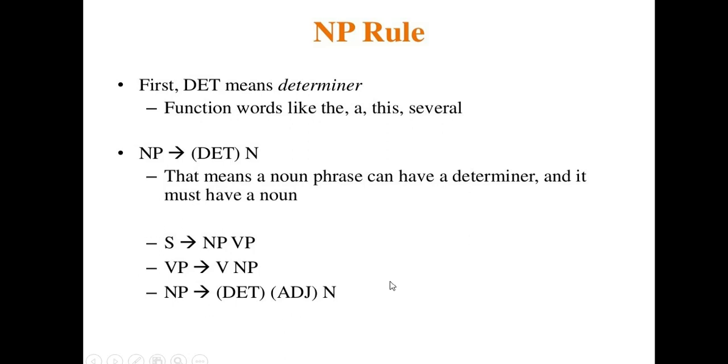So here we have this group of letters, okay? This S stands for sentence. A sentence is composed of a noun phrase plus a verb phrase. We're going to see that later too. And a verb phrase is composed of a verb and a noun phrase. And a noun phrase is composed of an optional determiner, an optional adjective, plus a noun. It is obligatory, it is mandatory, it must have a noun. If it is a noun phrase, it must have a noun.